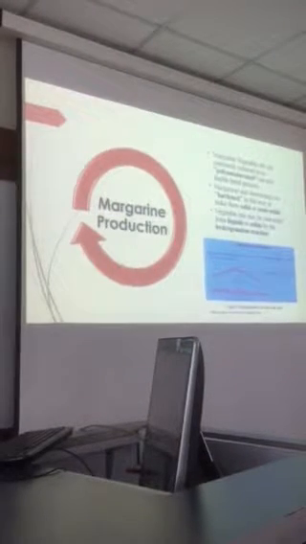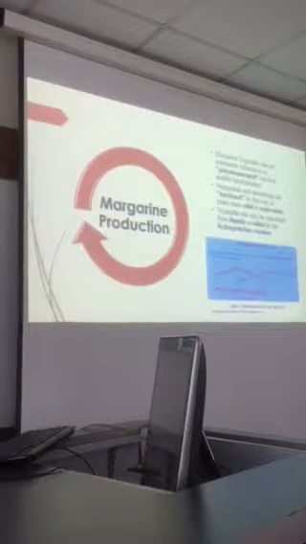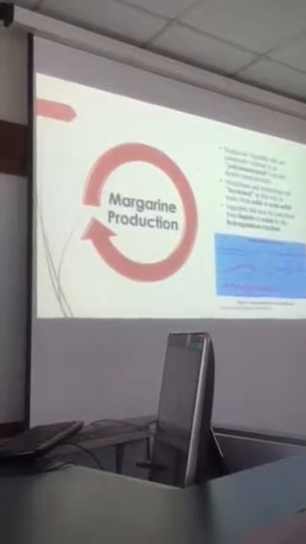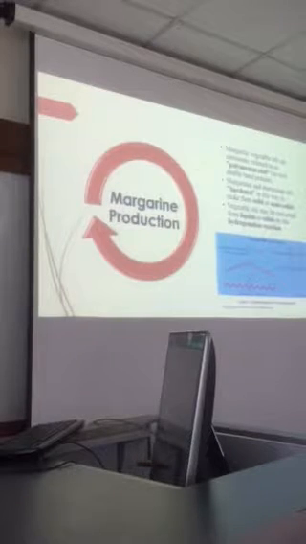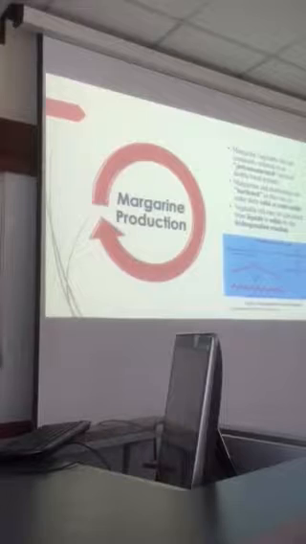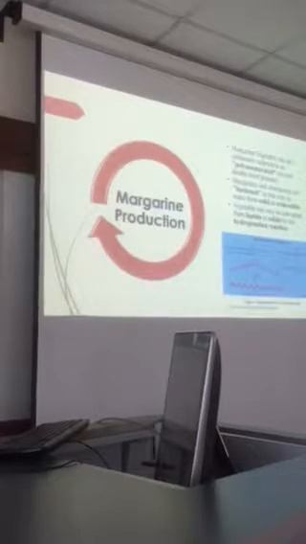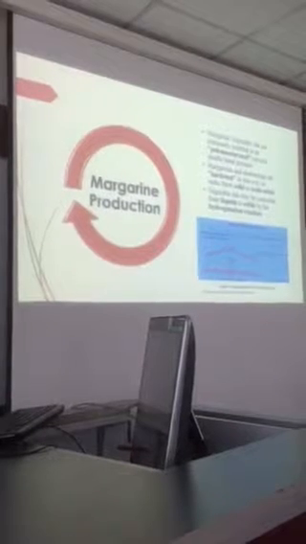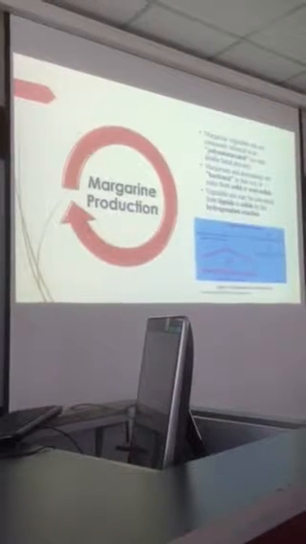Okay, for margarine production, vegetable oils are commonly referred to as polyunsaturated, and they are usually hydrogenated this way to make them solid or semi-solid. Vegetable oil can be converted from liquid to solid by the hydrogenation reaction.